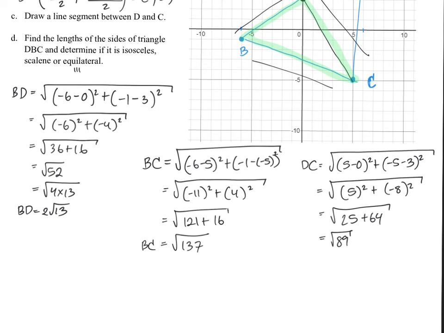So now, let's compare the sides of the triangle. It's kind of hard to compare a simplified radical with the other ones, so I'm going to back up to before I simplified it and compare these. Are any of these the same? No, these lengths are all different. So what kind of a triangle is this? This is a scalene triangle.